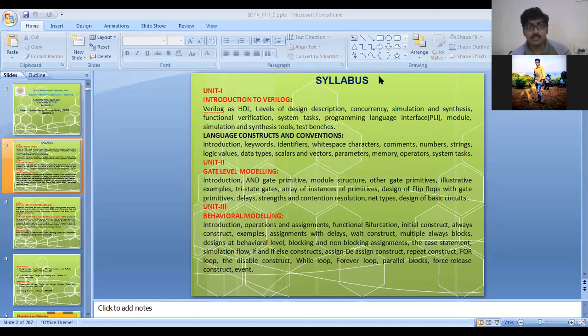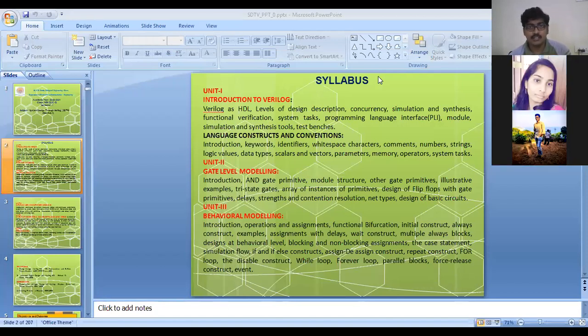So in the syllabus, the first unit is dealing with the introduction to Verilog, where you can see Verilog as an HDL, and we have different levels of design description, concurrency, simulation and synthesis, functional verification and system tasks, programming language interface, module, simulation and synthesis tools, test benches, and also some language constructs and conventions.